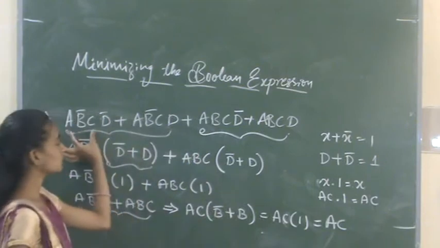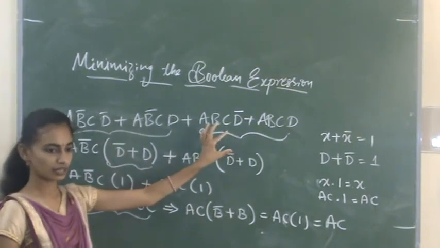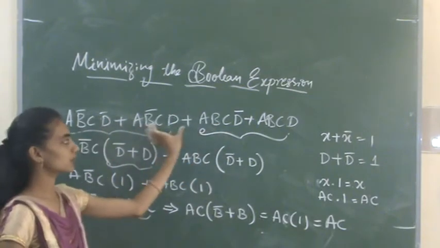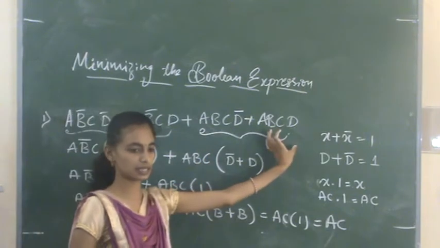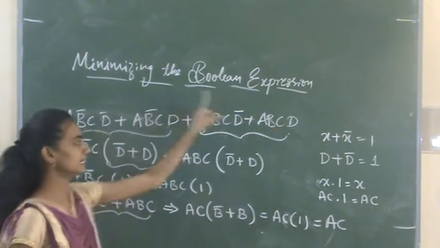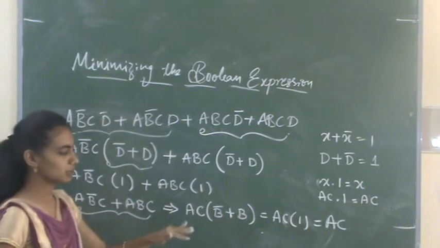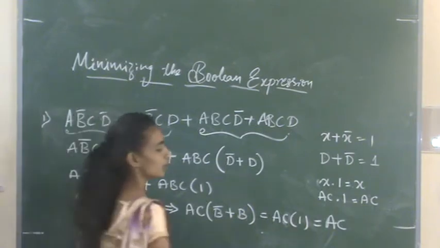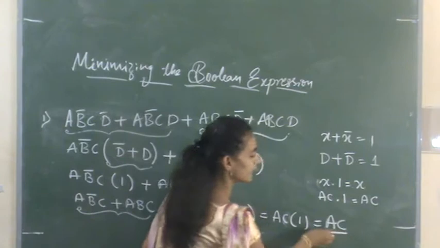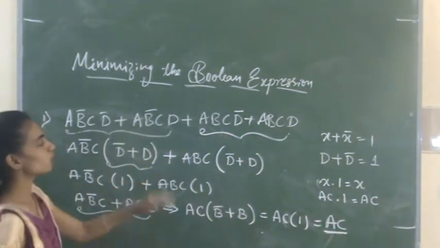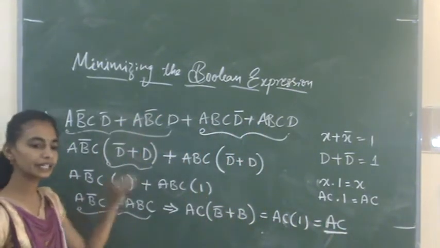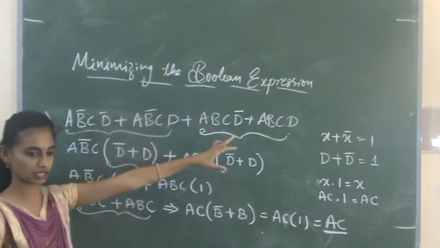Okay. So we have three terms in this expression, right? So this is one term, this is one term, this is another term, and this is another term, right? So this complete expression is minimized or reduced to an expression called AC. So this is how we are minimizing or reducing the Boolean expression. Okay.